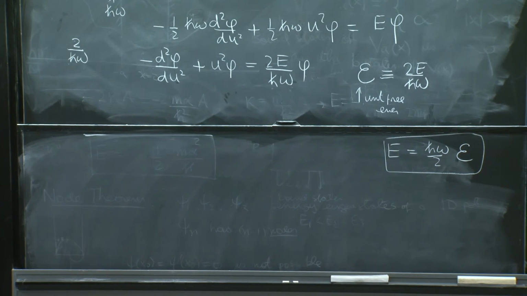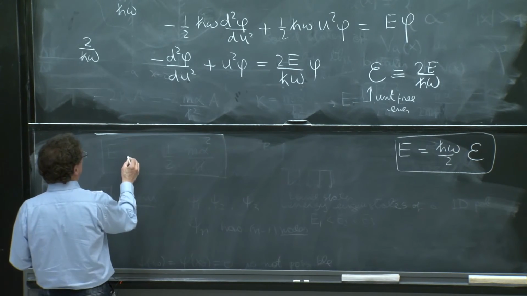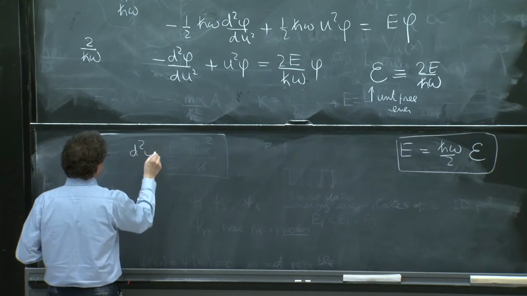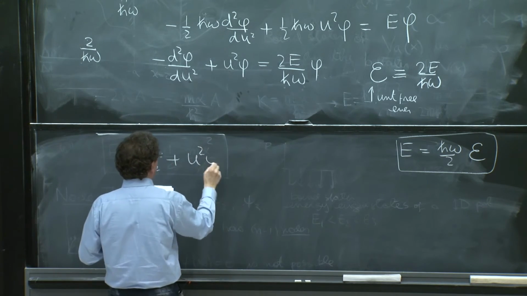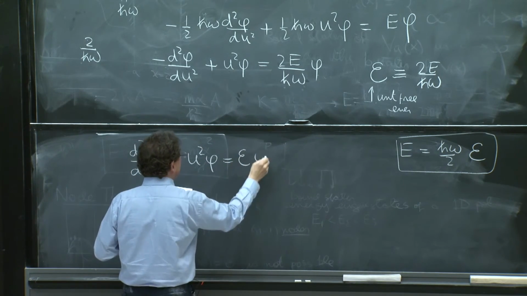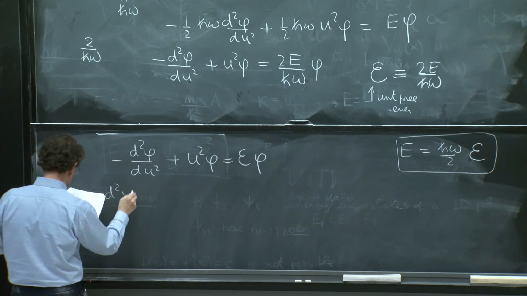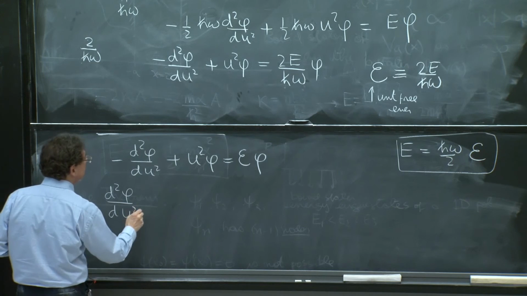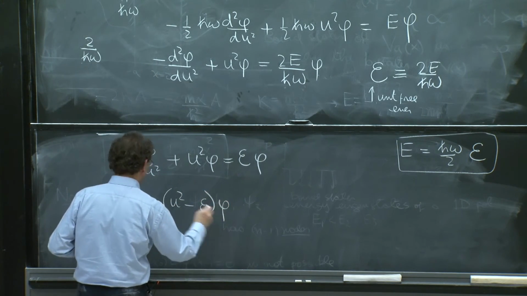So all of this equation has been reduced to this very nice equation, minus d second phi du squared plus u squared phi is equal to curly E phi, or d second phi du squared is equal to u squared minus curly E times phi.